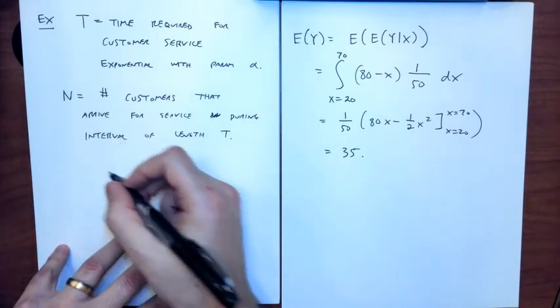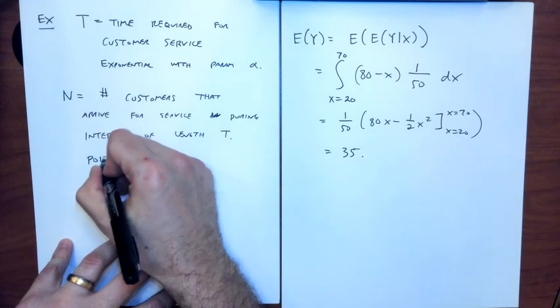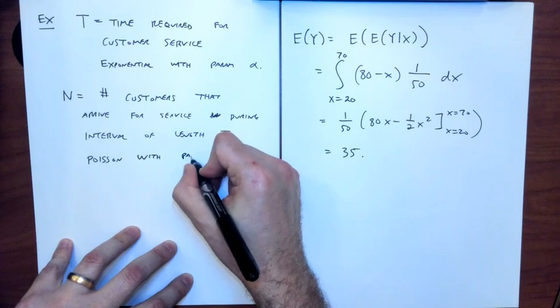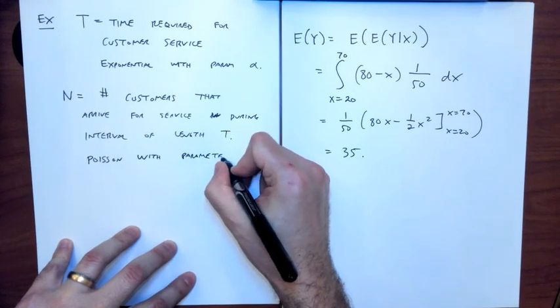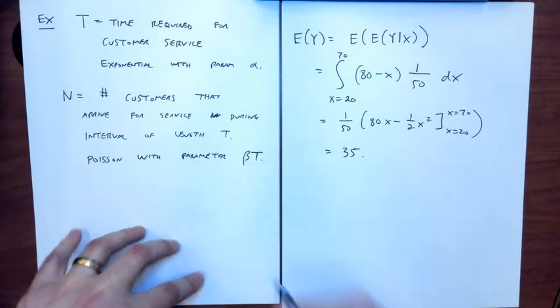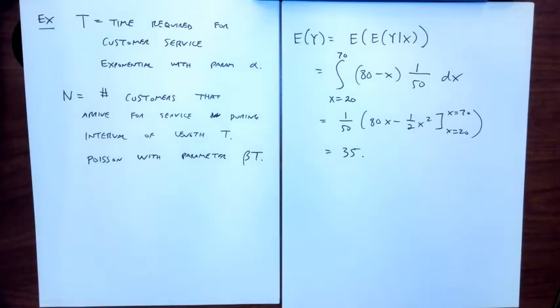Right? And we're going to assume that this is Poisson with parameter beta t, right? So beta is kind of like my underlying persons per minute, and then if t is the number of minutes, I expect there to be beta t people coming through, okay?